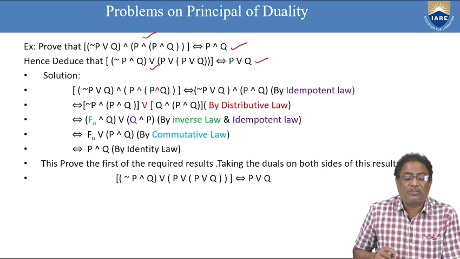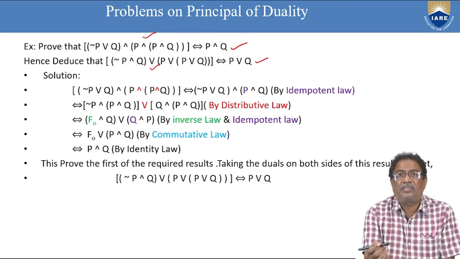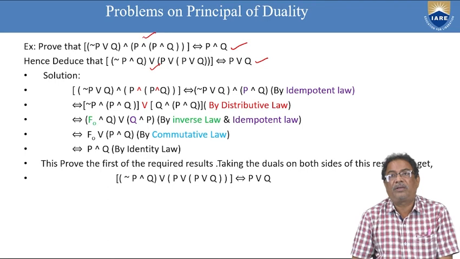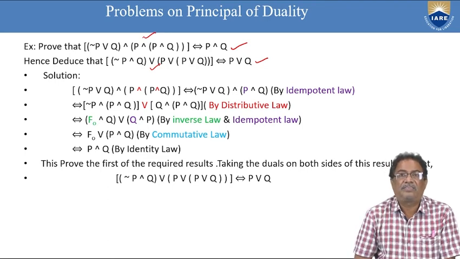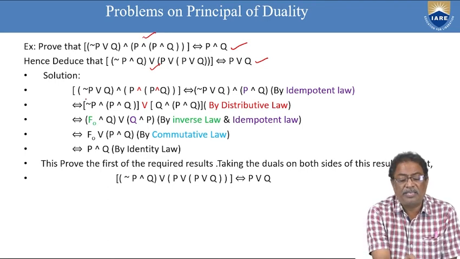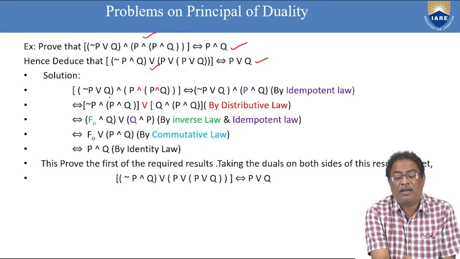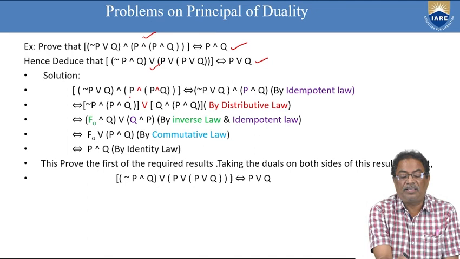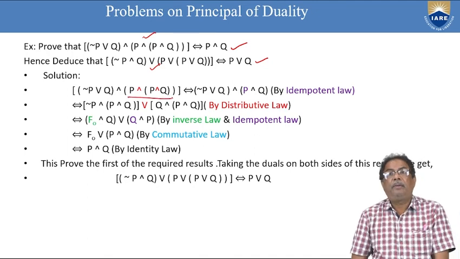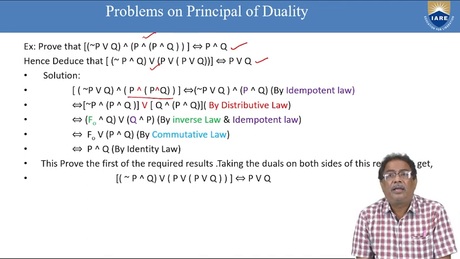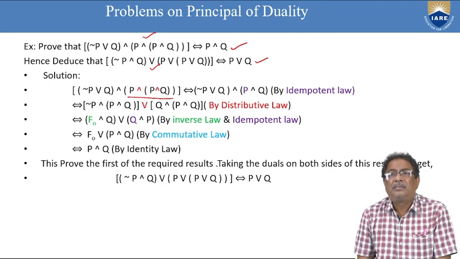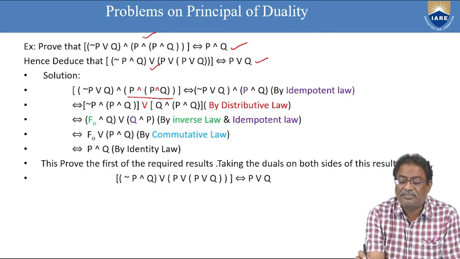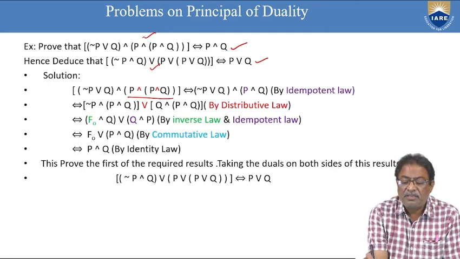So for that, the first one is, as usual, by using the rules, the laws of logic. So we are going to get, see here, negation P OR Q, and for the first one we apply idempotent law. No, not idempotent law. Just we are going to take it as P and P. See, it is not idempotent law.